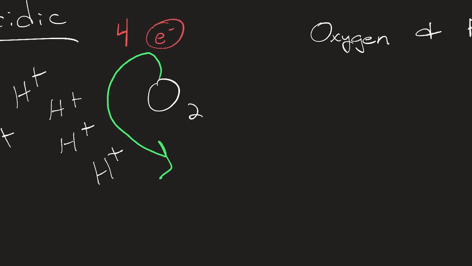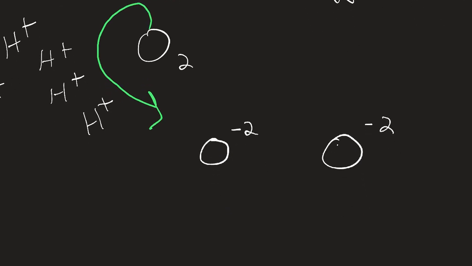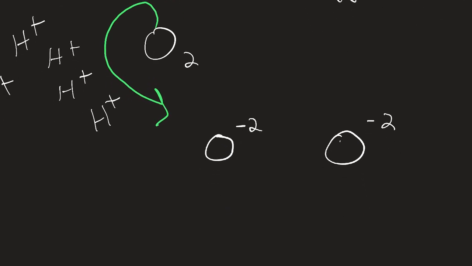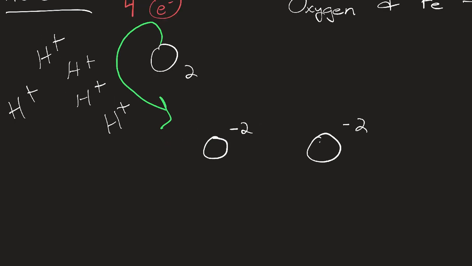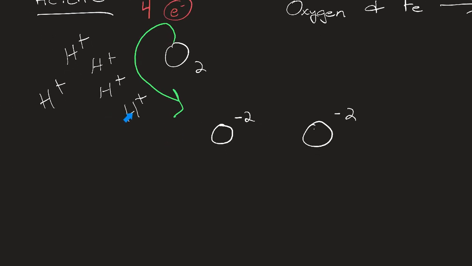Now we have this oxygen ion with a -2 charge. Here's another oxygen ion with a -2 charge. What's going to happen here? Look at it and tell me, common sense, what's going to happen? It's going to bind to hydrogen. Number 1 rule of chemistry, species don't like to be charged. They want to be neutral. Second rule of chemistry, these are kind of unofficial rules, is you want a full octet.